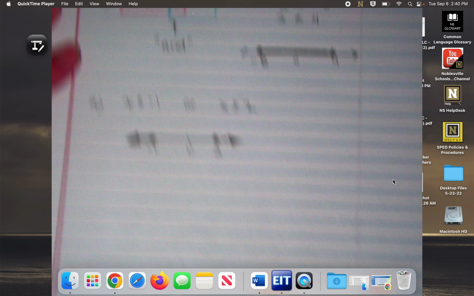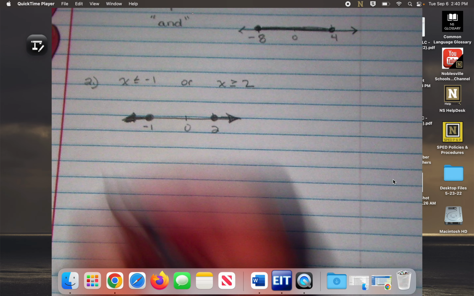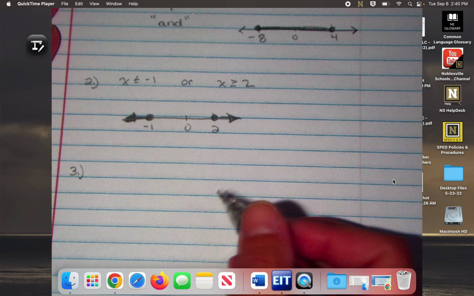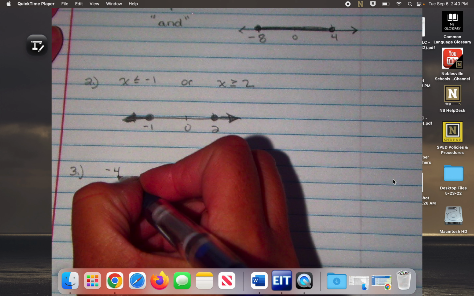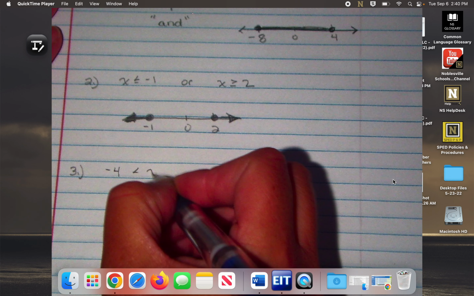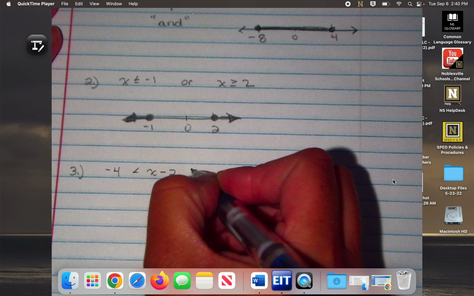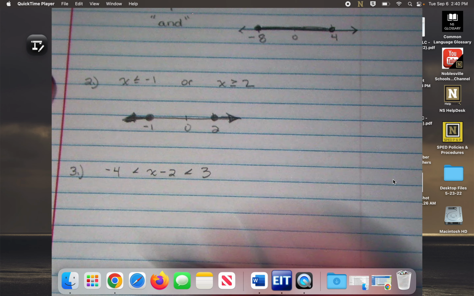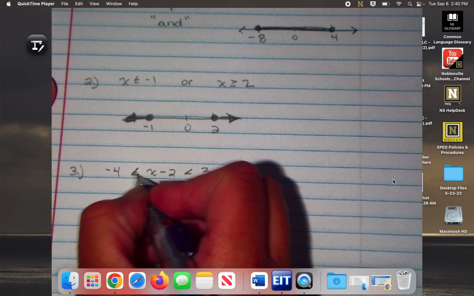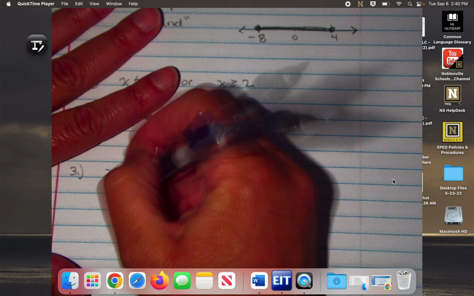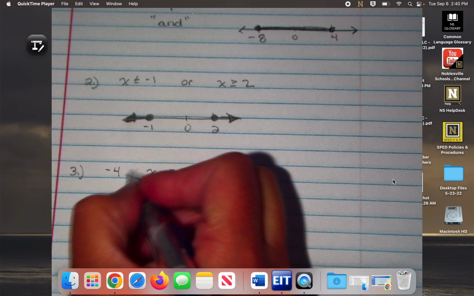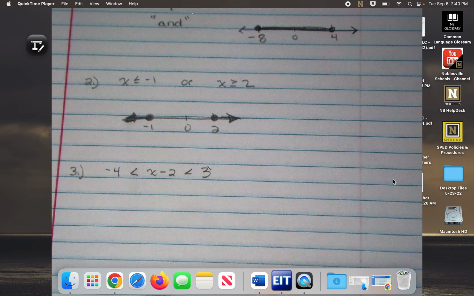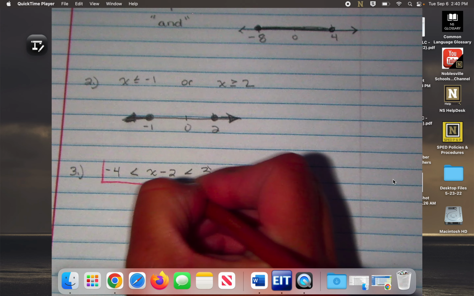All right. Example number 3. We're going to step up our game. So we have -4 is less than x minus 2, which is less than 3. So we're going to outline our two inequalities again.